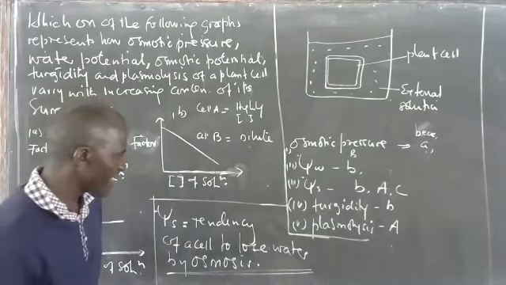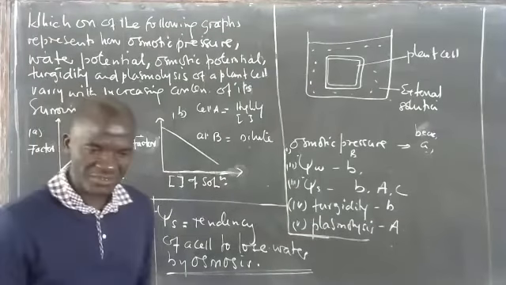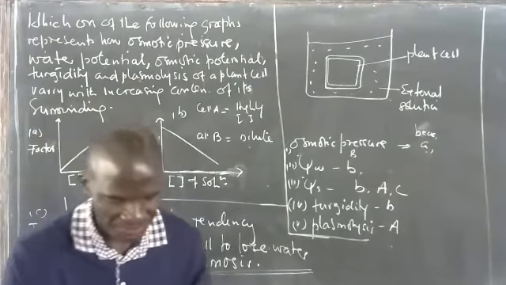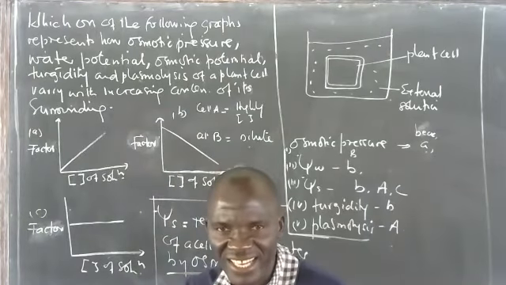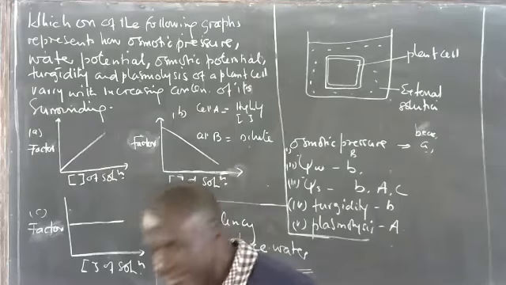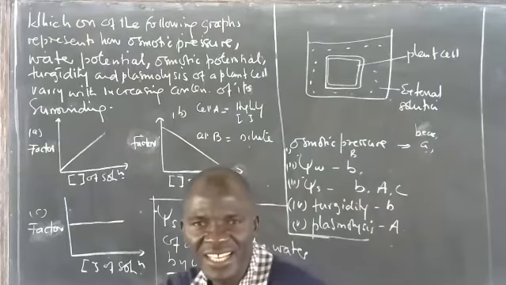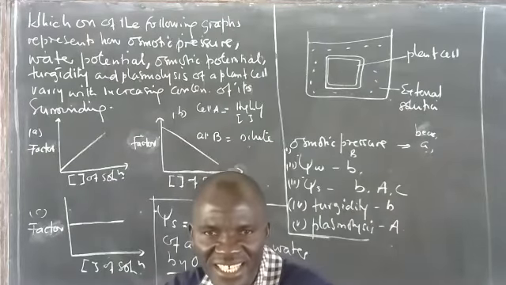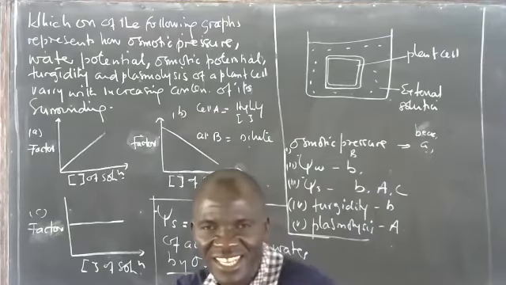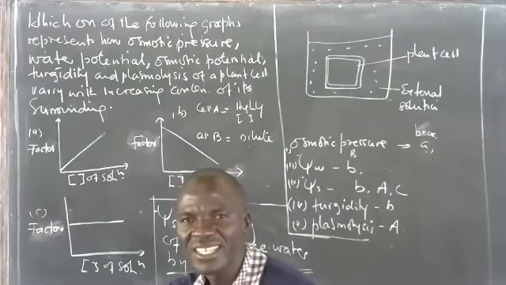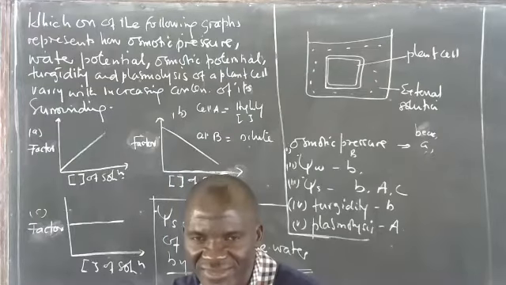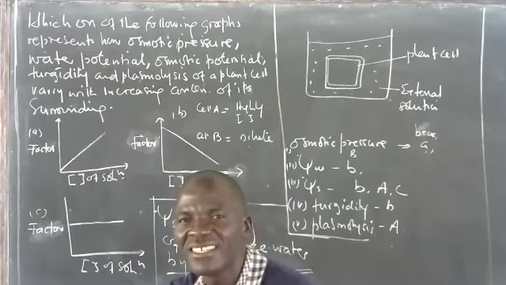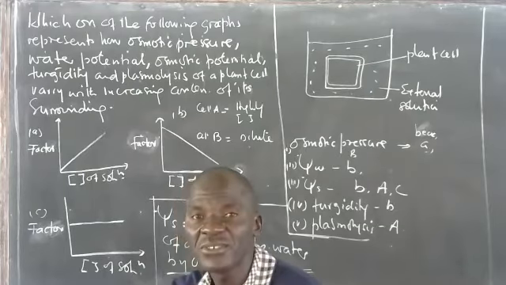So to simplify that, what you should know, if you have to note somewhere, you have to say that if a solution or a cell is concentrated, you will have very low water potential.